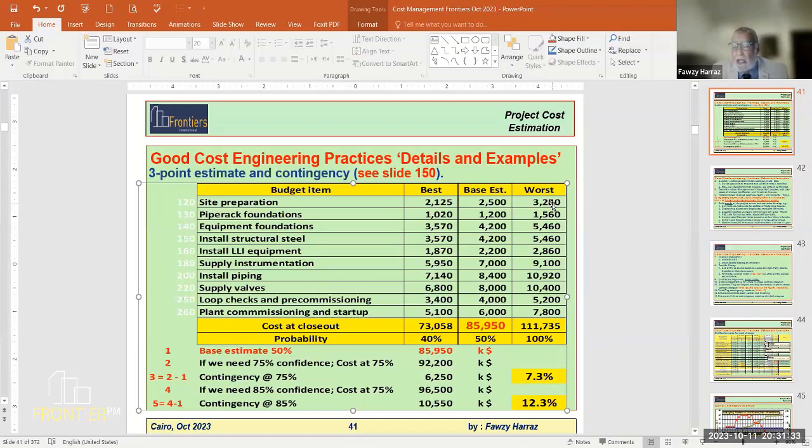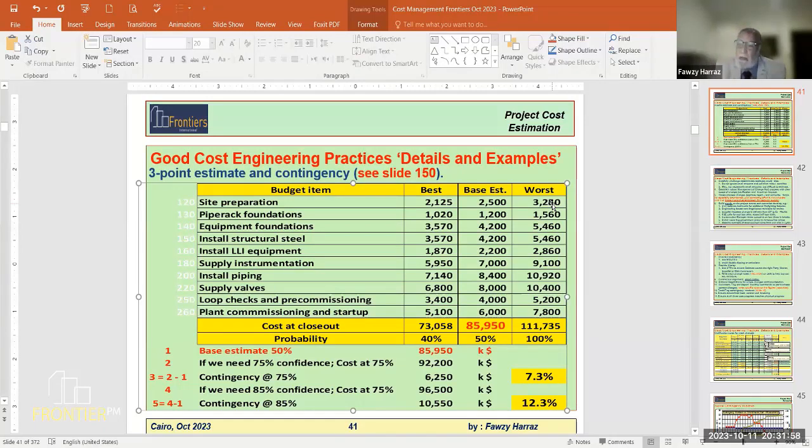But there are quality FEED packages of 16 or 18 months that give complete details and lots and lots of details. So the development allowance is one clear item that the estimator should not overlook or forget. He asks the engineers, what is the quality of this FEED package? Is it good or is it open for further details?